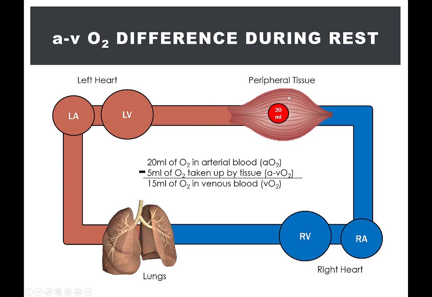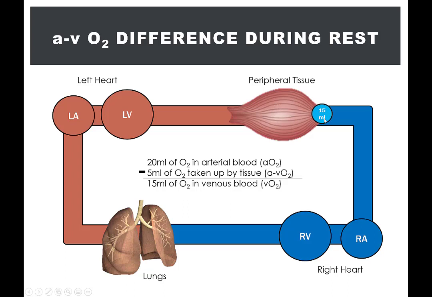At the peripheral tissues, here we have an example of muscle tissue, but all peripheral tissues, there will be an uptake of about 5 milliliters of this 20 milliliters in the arterial blood through the capillary network. Now coming back, therefore, through venous return, through the veins, will be 15 milliliters of oxygen.